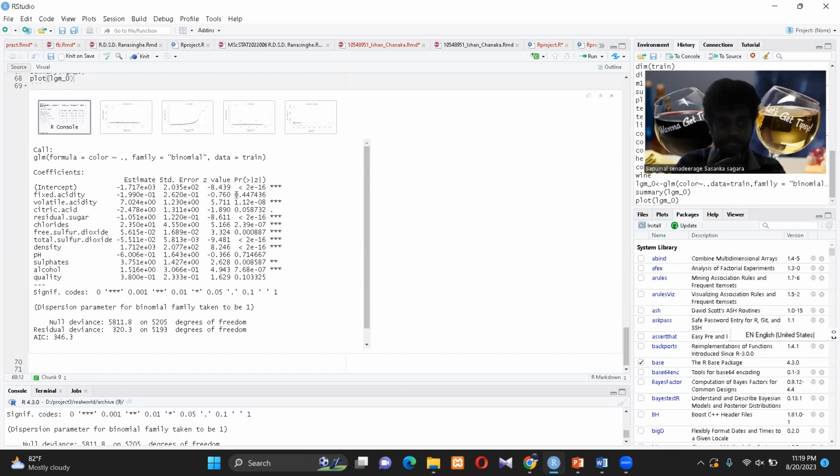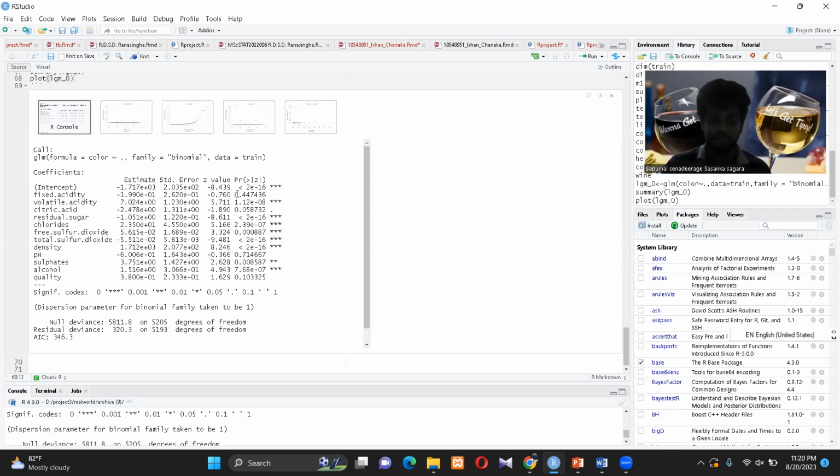For example, fixed acidity has a probability value of approximately 0.44, around 44%. With that percentage, this particular variable does not explain the model. So once this probability value increases, we cannot consider this variable further.